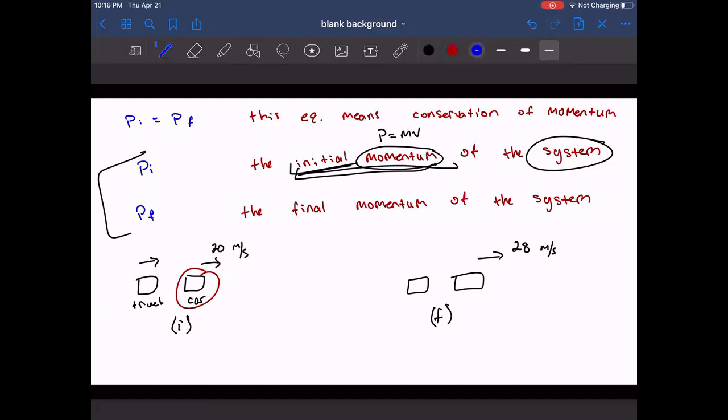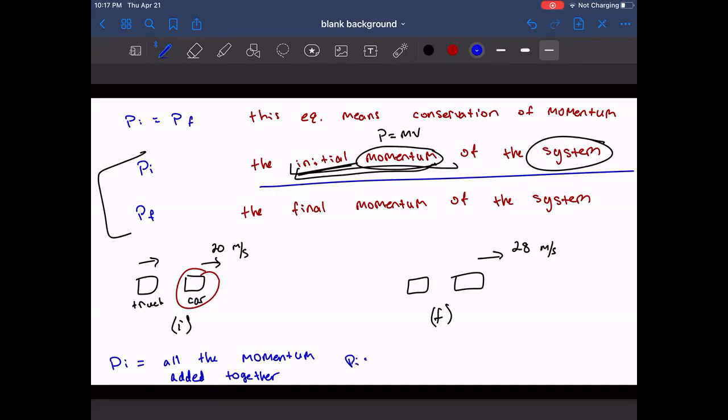That's why we write down PI, which is what? The initial momentum of the system, all of the momentum added together equals all the momentum added together. That is why we get the equation PI equals P, which is momentum.